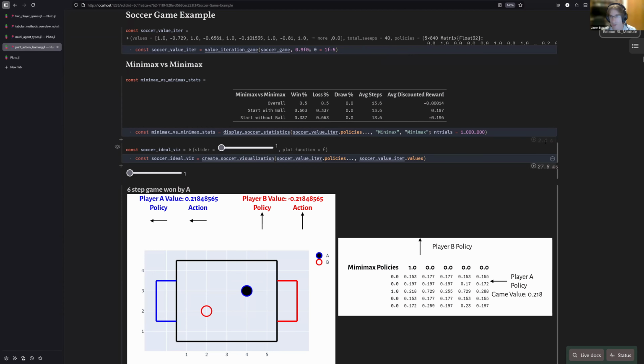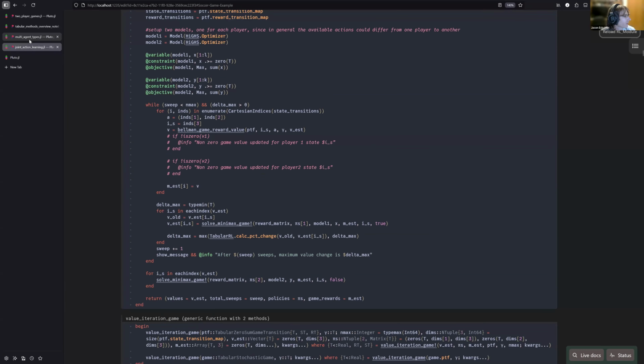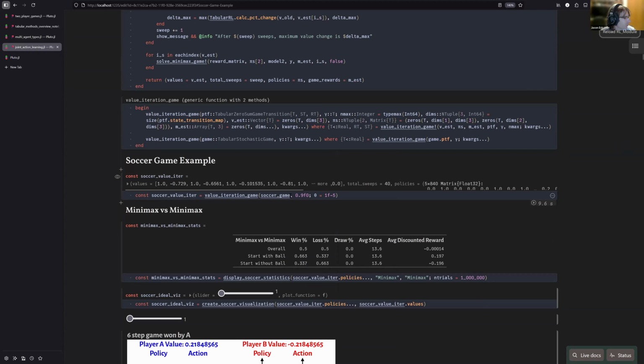And so this soccer game is a zero-sum game, right? So there's only two agents. Let me show what this soccer game actually looks like here.